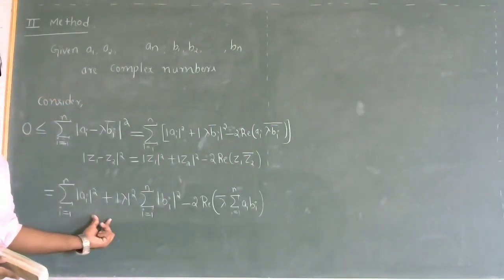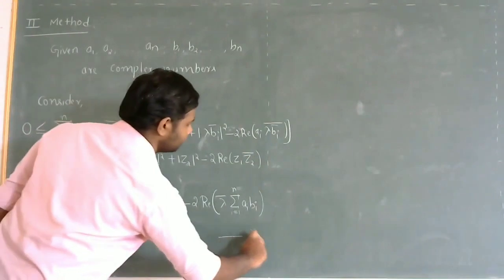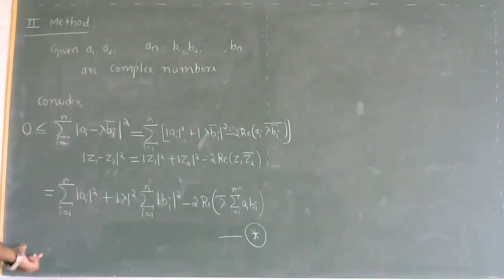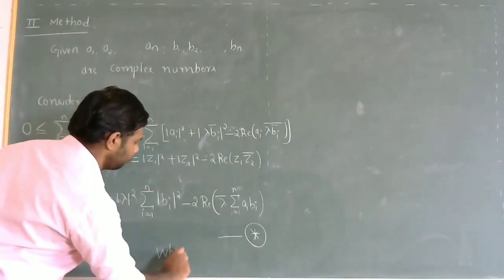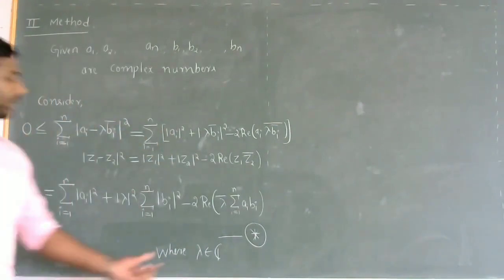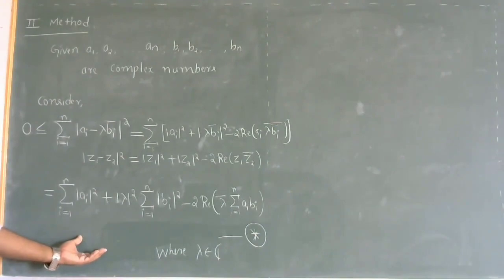So this is the simplification, right? Call this as star. And you can observe here, where lambda is any complex number, so for any complex number lambda, you can argue these steps.